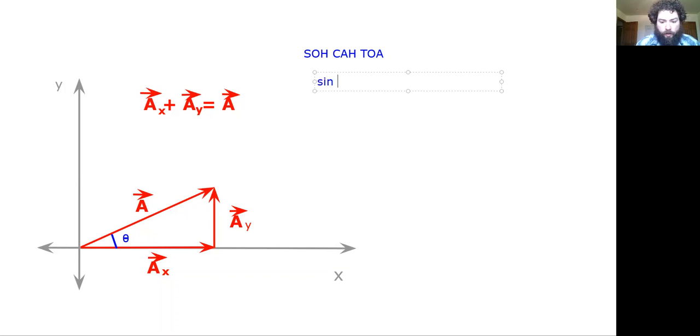So I'll write this out now. Sine is opposite over hypotenuse. Cosine is adjacent over hypotenuse.